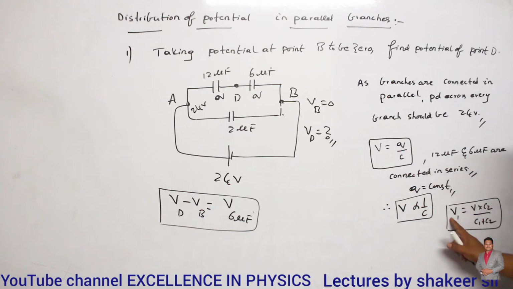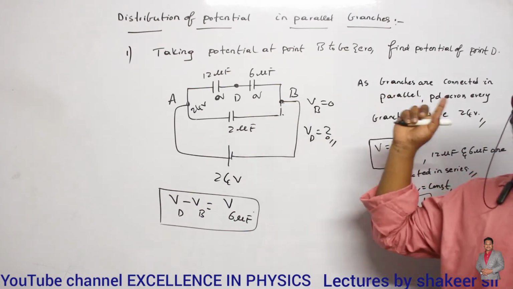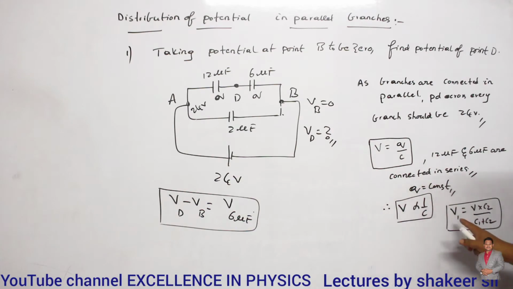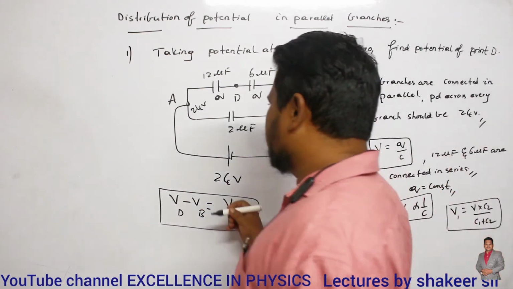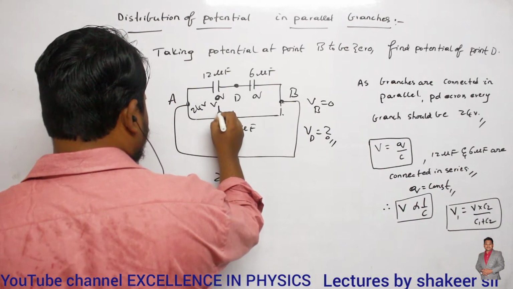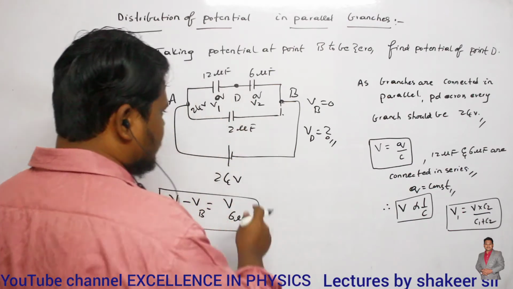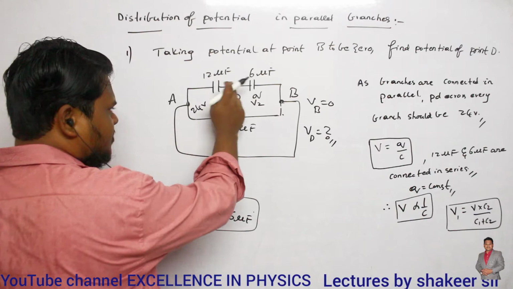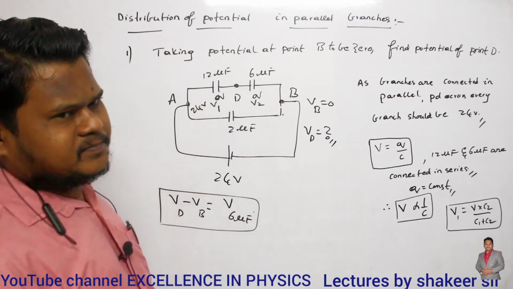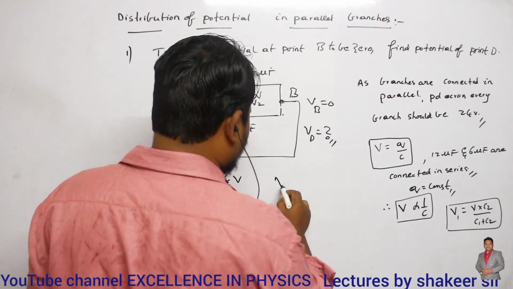What is meant by V here? V is the potential difference across the total branch. V1 is the potential difference across the first capacitor. V2 is the potential difference across the second capacitor. Total potential is nothing but V1 plus V2, which is called V. Similarly, how can I write the V2 value?